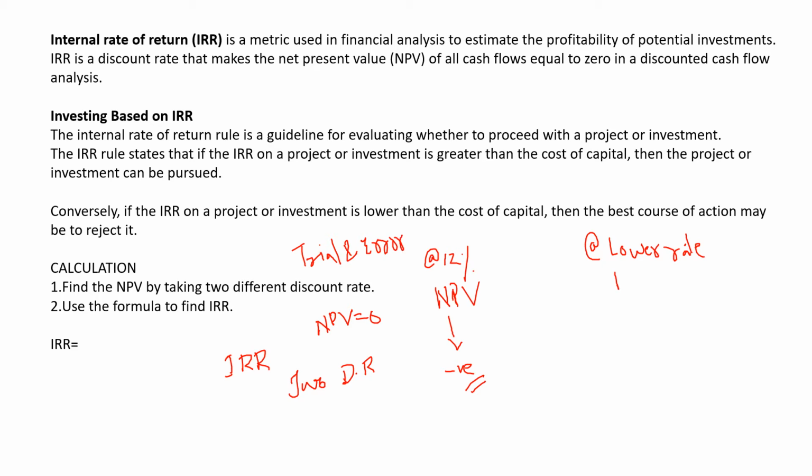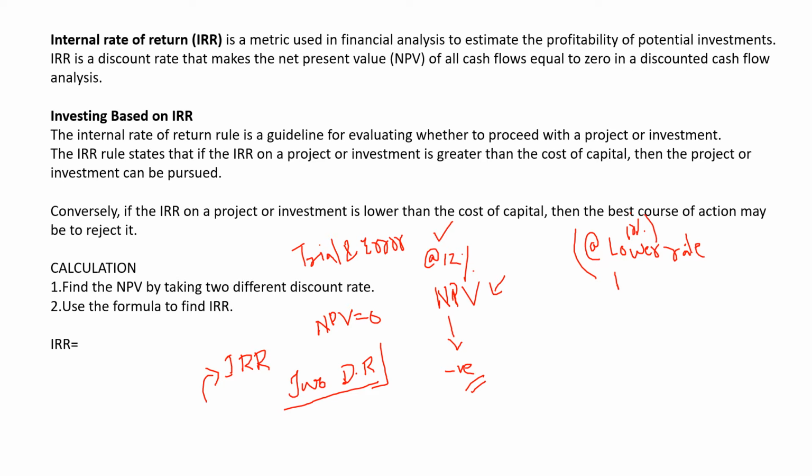Through interpolation, we will be finding the IRR. As we need two discounting rates, we will first assume any discount rate, say 12%. If the NPV of the project turns out to be negative, the next rate we will take is a lower rate, say 10%.